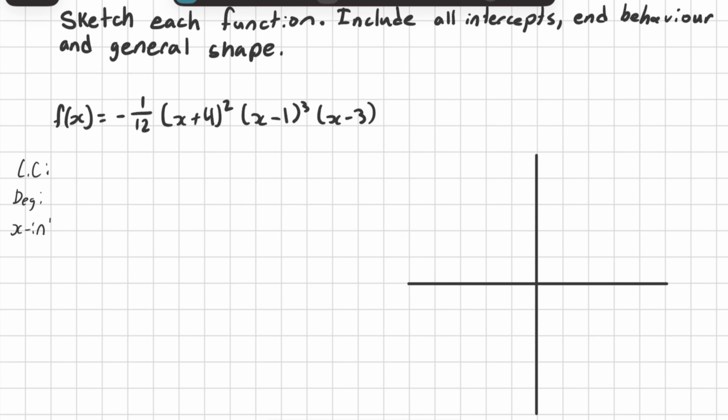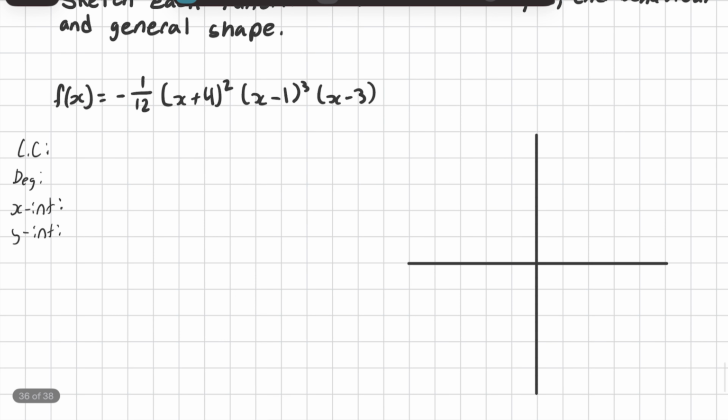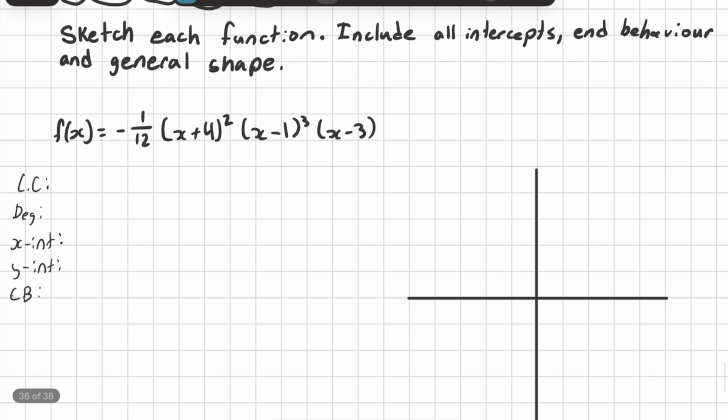So you do your x-intercept, your y-intercept, and then you want to do your end behavior, and then you want to just fill everything out. So our leading coefficient is a negative, so we just put the negative here. We know that our degree is 2 plus 3 plus 1 because we know the 1 is there. So it's going to be 6, so it's even. Put that in bracket if you need to.